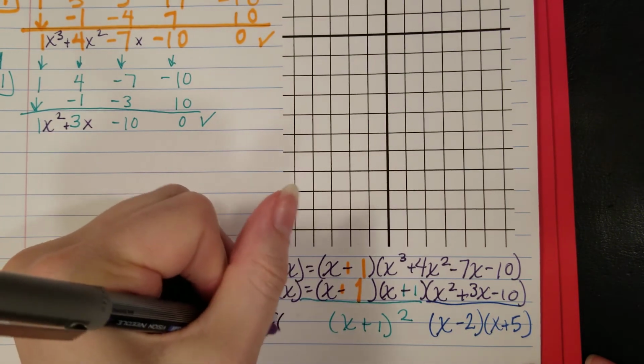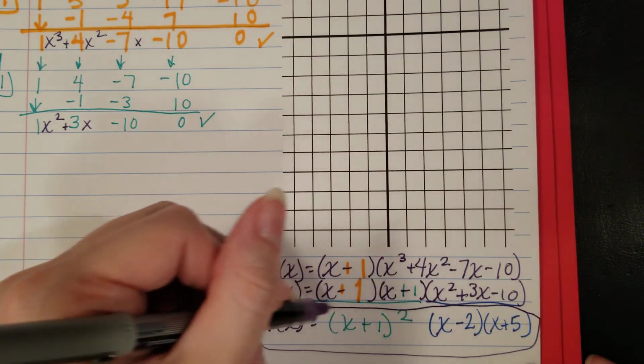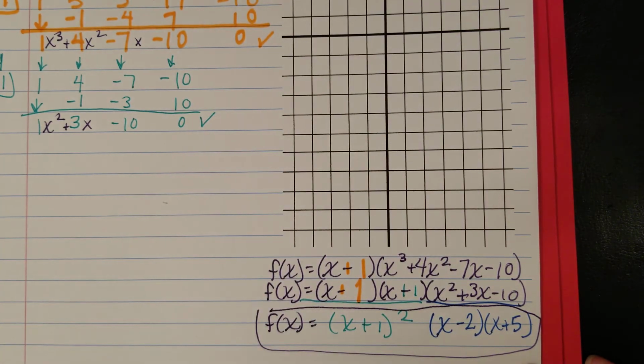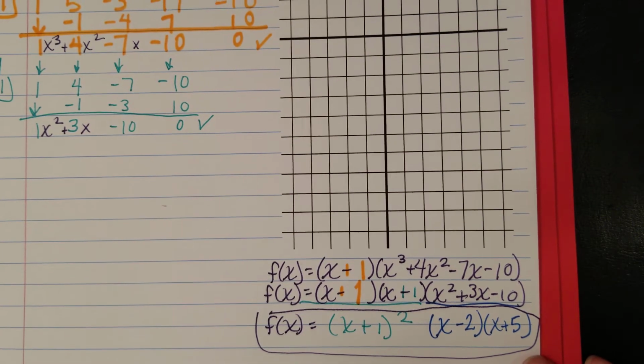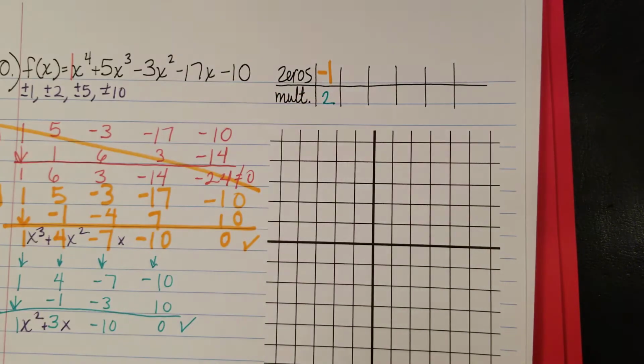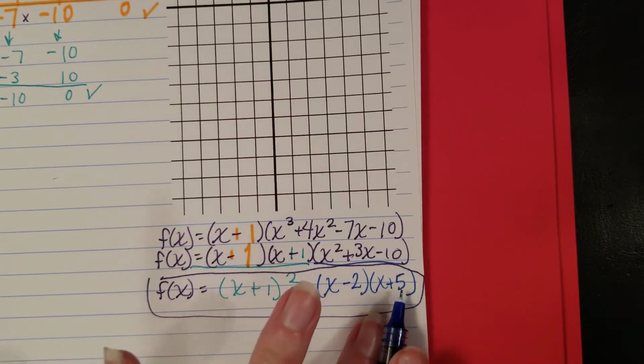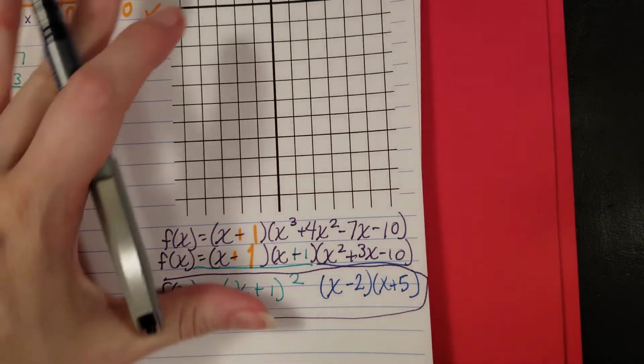All right, so that's my factored form of the function. So now I know that the multiplicity of the 0 at negative 1 is 2. Now I know I also have a 0 at 2 with a multiplicity of 1 and a 0 at negative 5 with a multiplicity of 1.